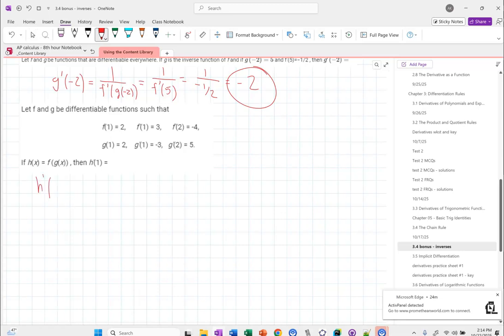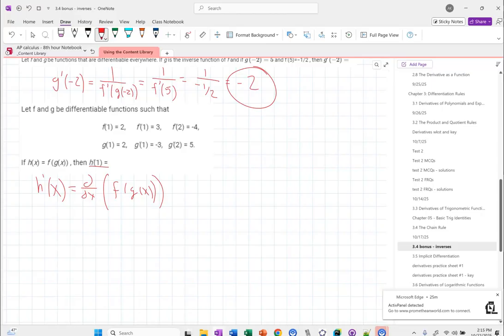I want the derivative of h at 1, so I'm going to start by just computing the derivative of h. That's the derivative of f of g of x. How do I do the derivative of f of g of x?